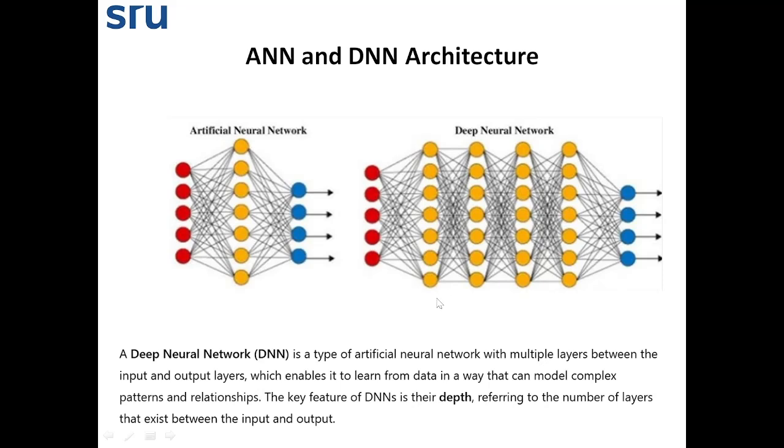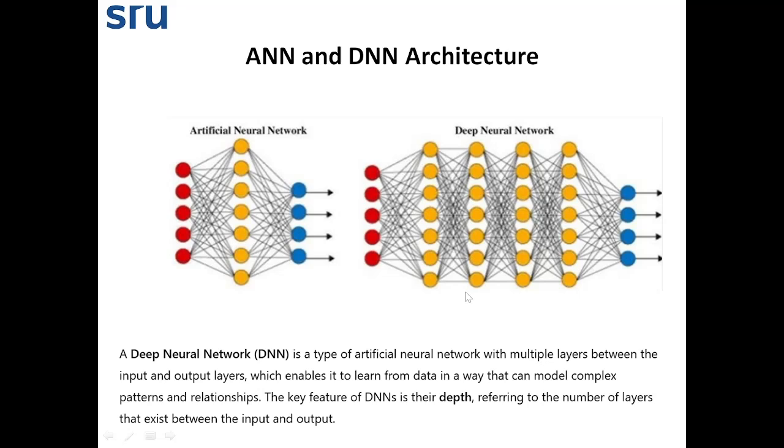So how can we differentiate a deep neural network from an artificial neural network? In a deep neural network we have more than one hidden layer between the input layer and the output layer. So how can we define deep neural networks? It is a type of artificial neural network with multiple layers, called hidden layers, between the input and output layers.